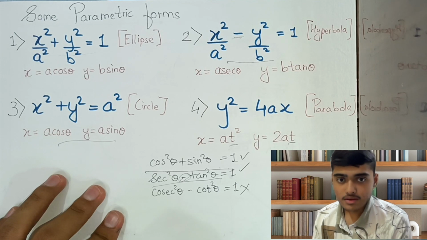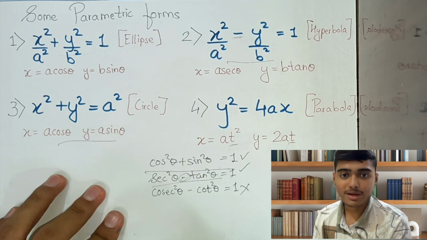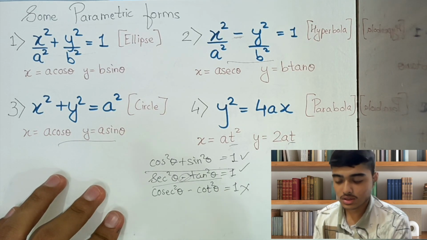What do we want to do by this parametric form? We want to bring x and y into a common parameter so the integration can be done.